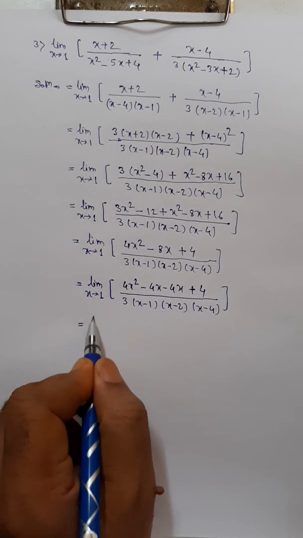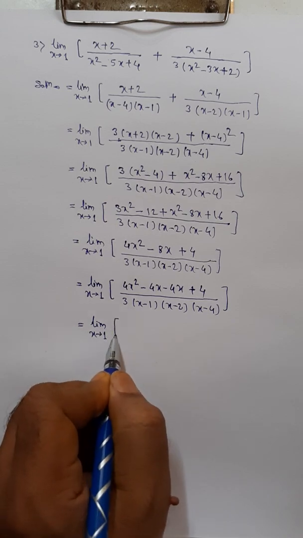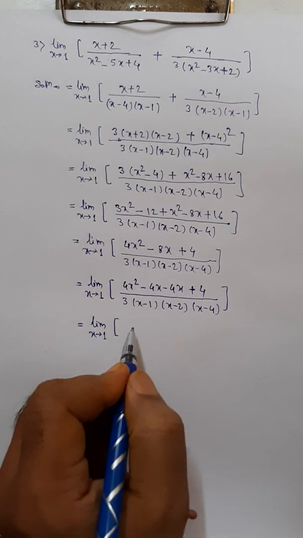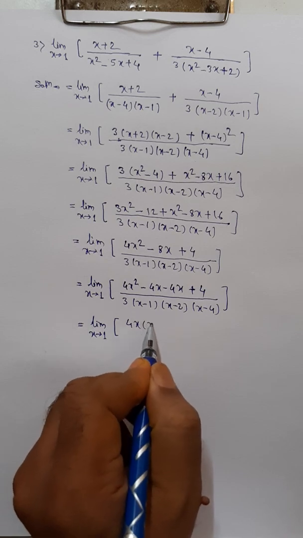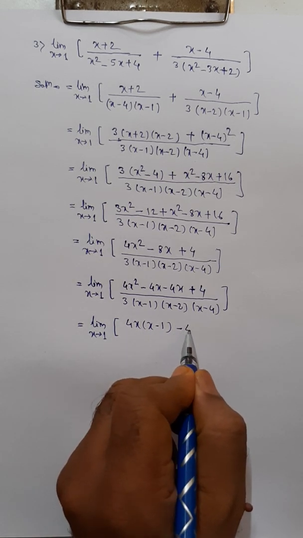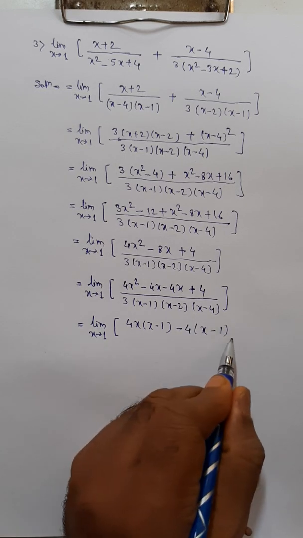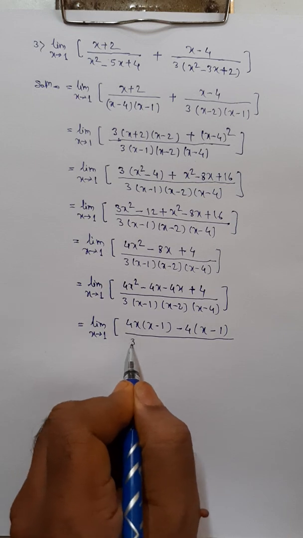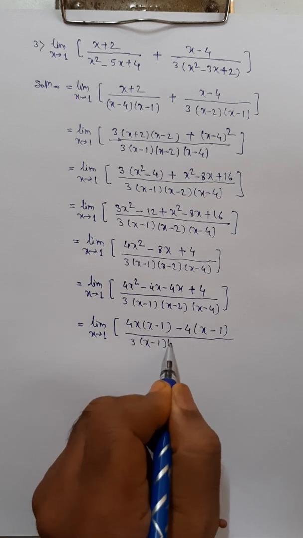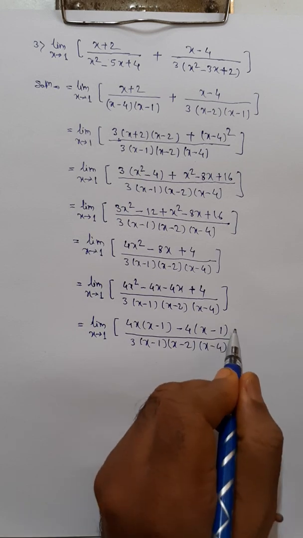So it is equal to limit as x tends to 1 in bracket, from the first two terms we take 4x common, in bracket x minus 1, from the last two terms we take minus 4 common, in bracket x minus 1, plus minus sign here, we get 1. Denominator same, 3 into x minus 1, x minus 2, x minus 4.